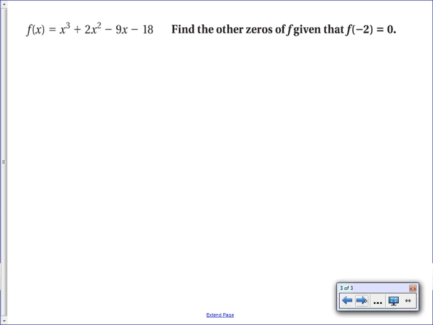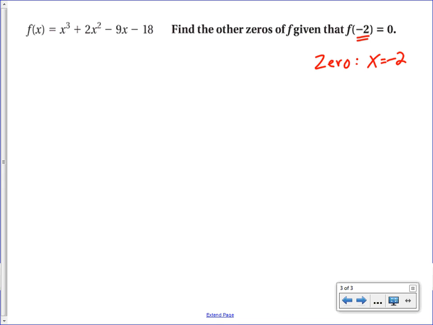This last one is asking us to do the same thing, it's just putting it in a different way. It's giving us a function and saying, find the other zeros of f, given that f of -2 equals 0. Well, this is just another way of saying that one of the zeros is x equals -2, right? This value right here. When x is -2, you get 0. That's what that's saying.